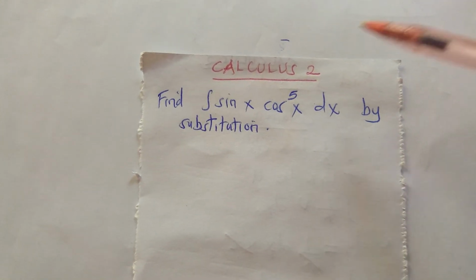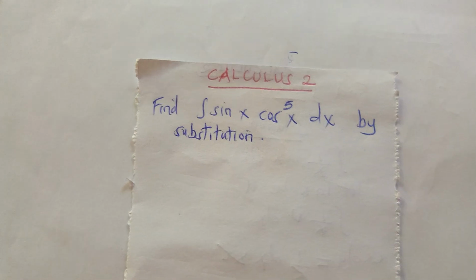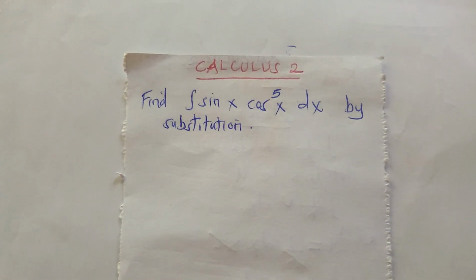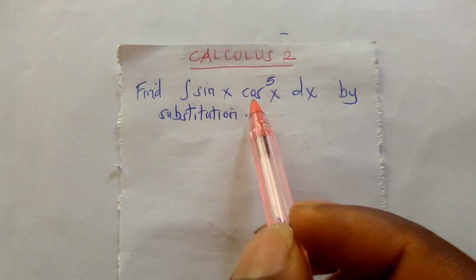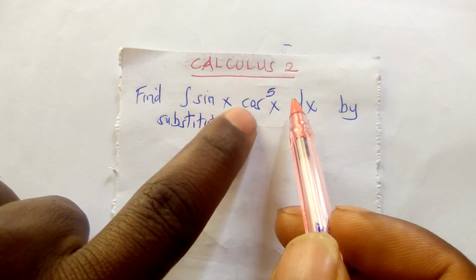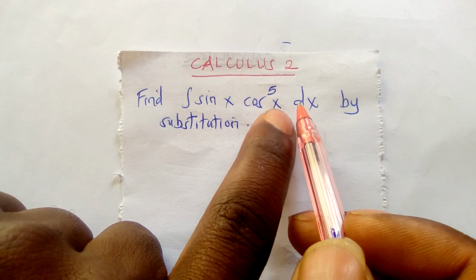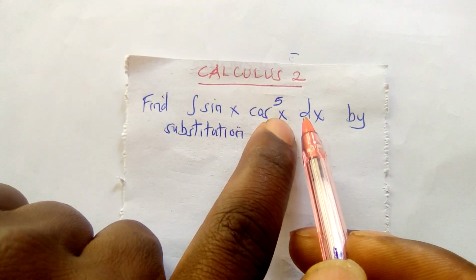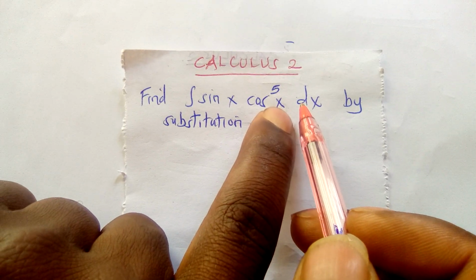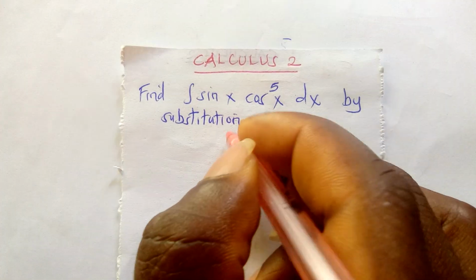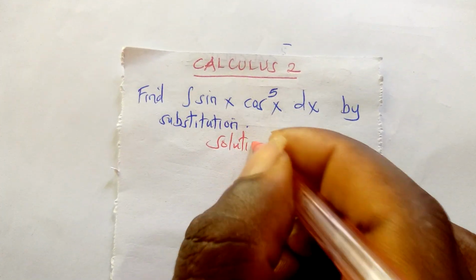Now, how can you perform this? Your step number 1 here should be, you are supposed to let cos x, remember it is cos 5x, so just let cos x to be u. Thereby you will come up with a solution here.